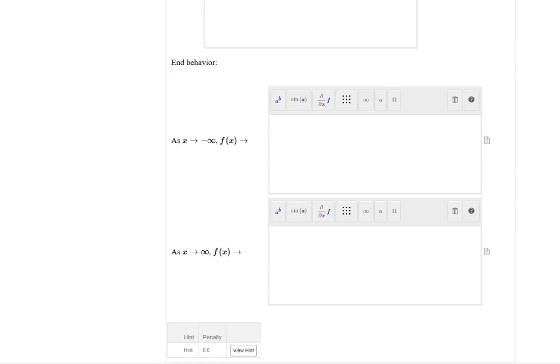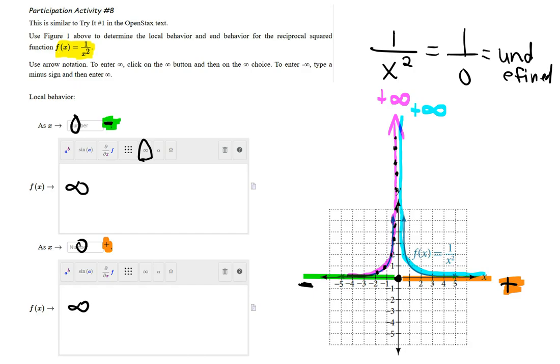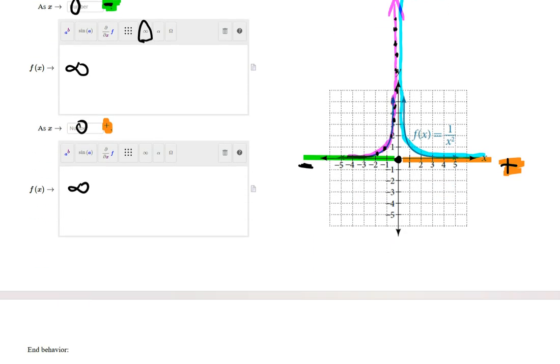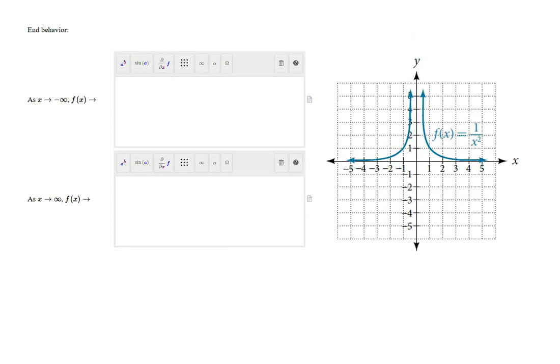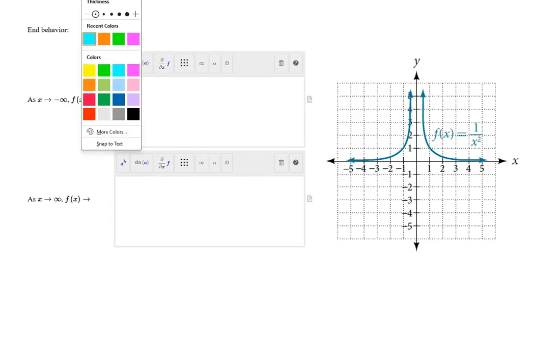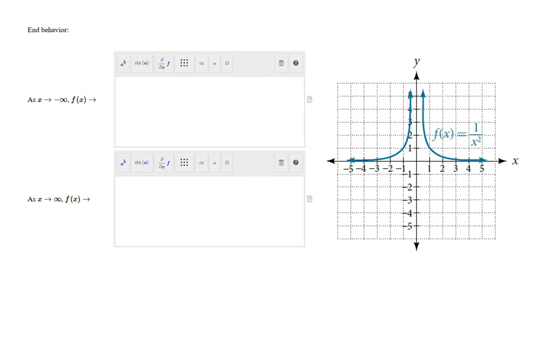Now it talks about end behavior. To do the end behavior, I did this picture again. End behavior is when it's moving away from 0. You can see it says right here, as x approaches negative infinity, that means you're starting at 0, but you're going this way.